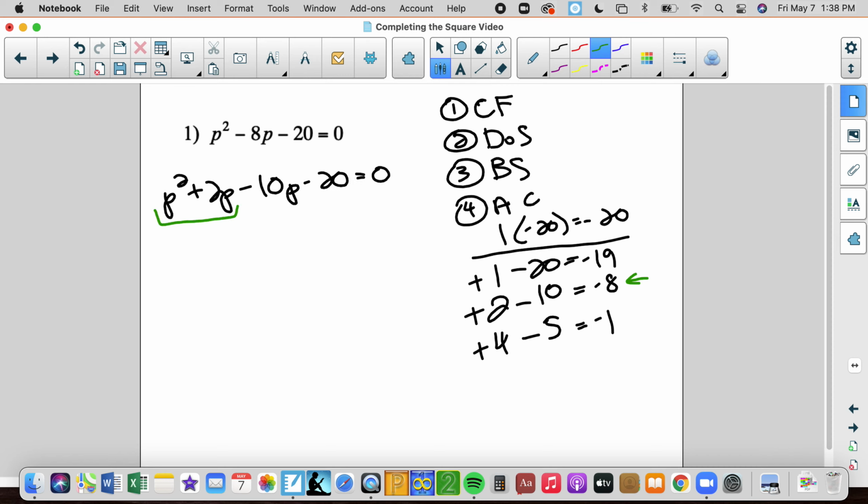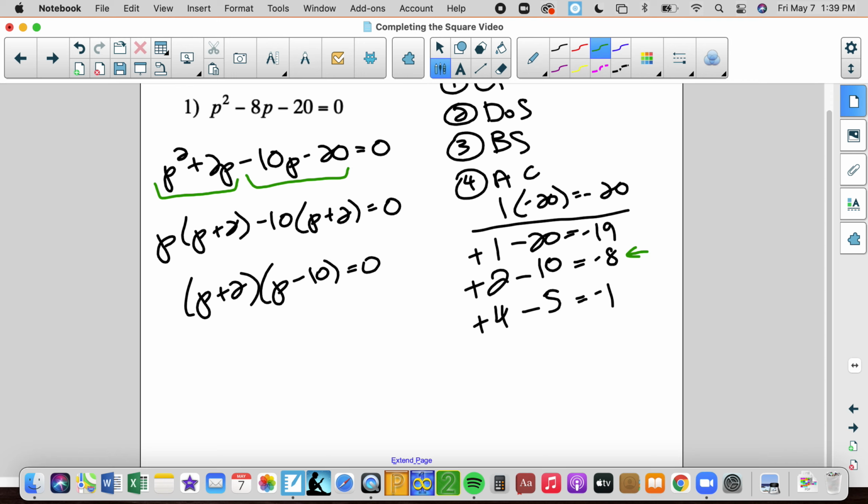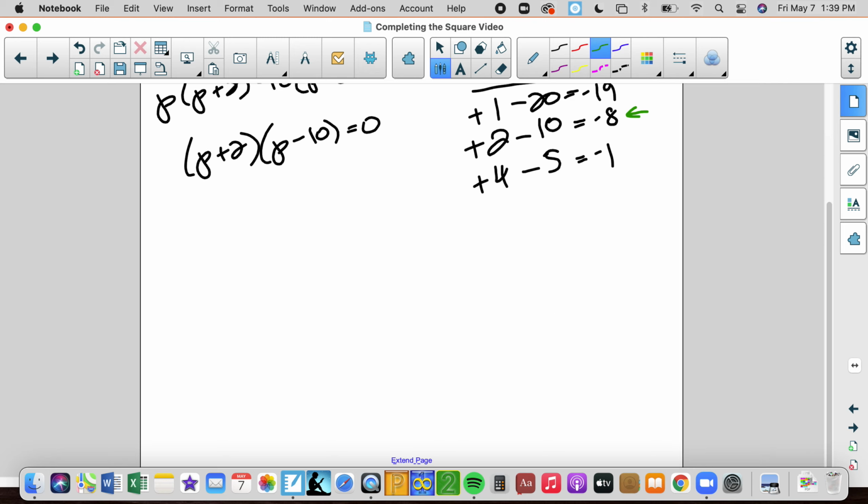We're going to factor by grouping. We're going to factor out a p from the first group. We're going to factor out a negative 10 from the second group. We see that we did it right because we have p plus 2 in parentheses in both of them. When we take that out, that leaves us with p minus 10. And remember, why we like this is because we're going to use the zero product property.